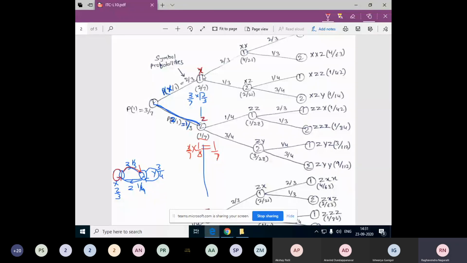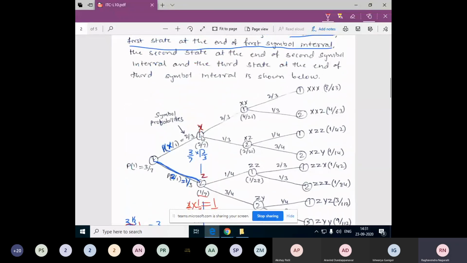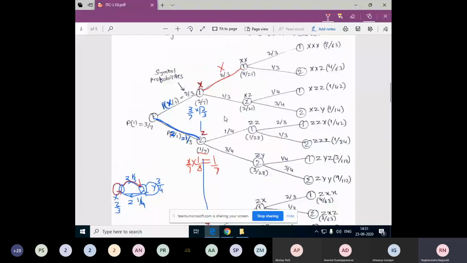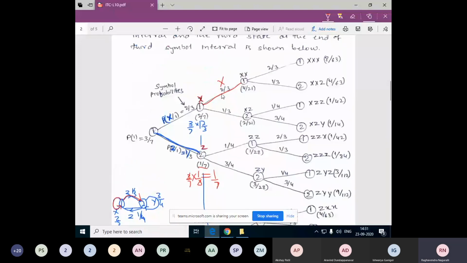So we are extending this tree diagram now. From 1 to 1, during this transition, we have the X symbol emitted with probability 2 by 3.